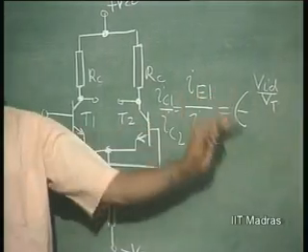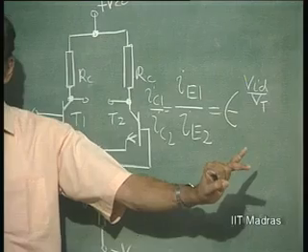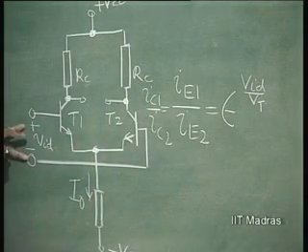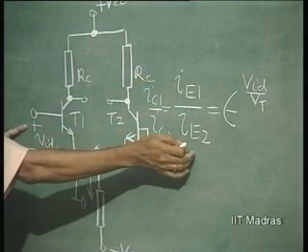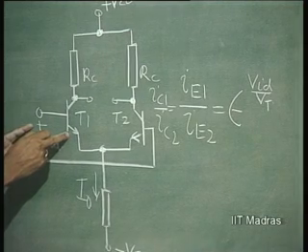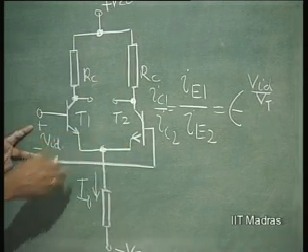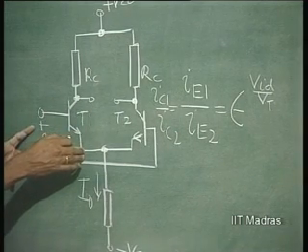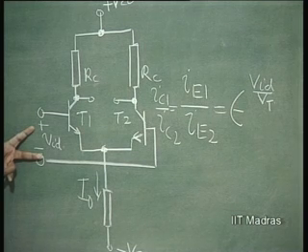If VID is 0, this will be 1, and IE1 is equal to IE2 equal to I 0 by 2. Now, by applying VID, I can make the current IE1 much greater than IE2. This current will keep on increasing, this current will keep on decreasing. Ultimately, what happens? This transistor will have the total current I 0 and this will have 0. That is the limit.